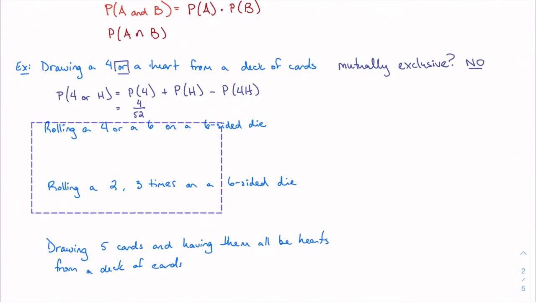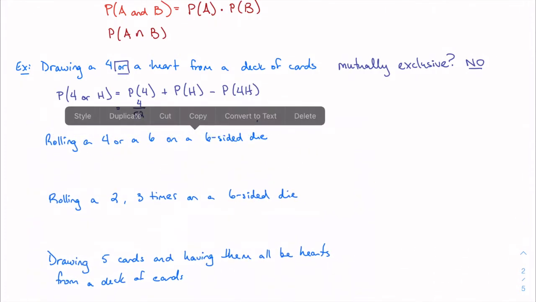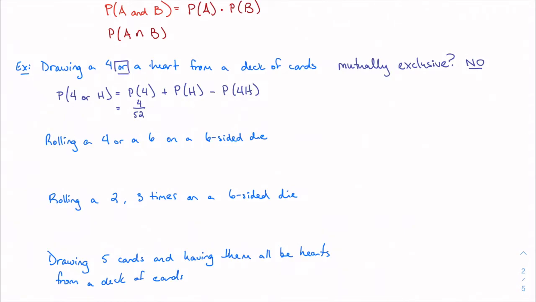Let me just move this down here. Just a little more room. There are 13 cards in each suit, so 13 out of 52. But there is one 4 of hearts in the deck. There's one place where we say that these events overlap, they intersect, right? There's one case that satisfies both conditions. And for now, I don't care about it.